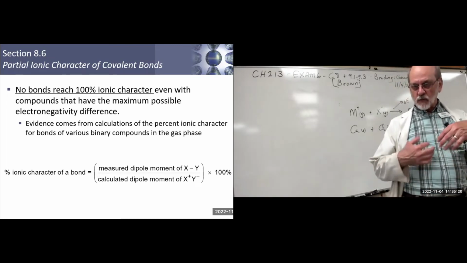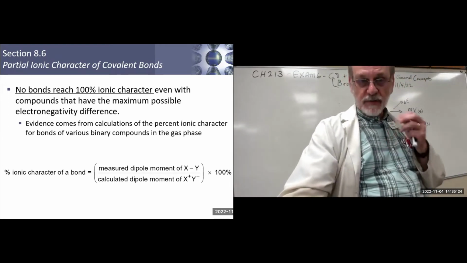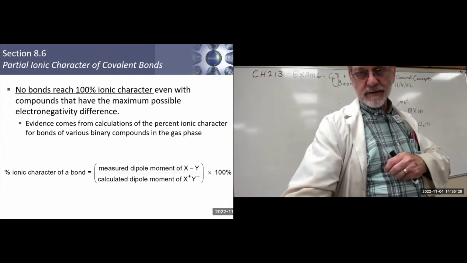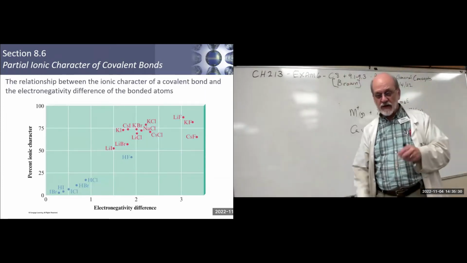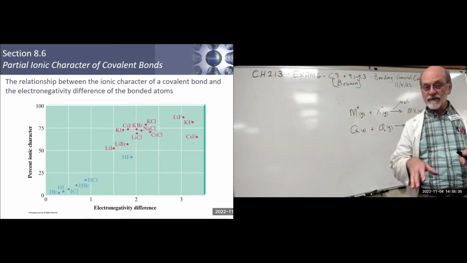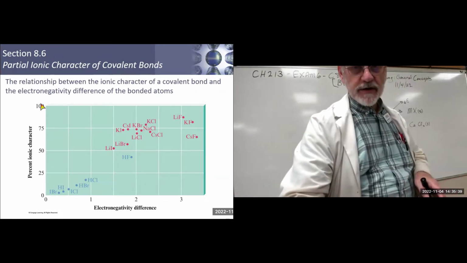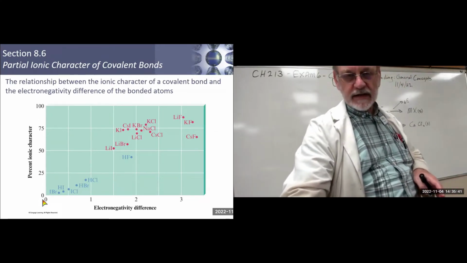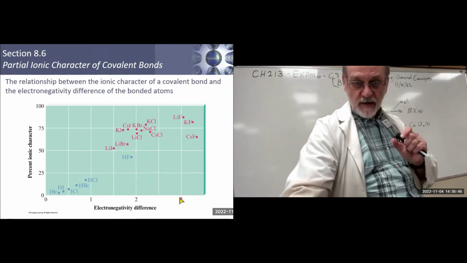Then we ratio those two and multiply times 100, and that gives you a percent ionic character. And then we can take those binary compounds and put them on a graph where you have percent ionic character increasing here and electronegativity difference between the two atoms on the bottom one.